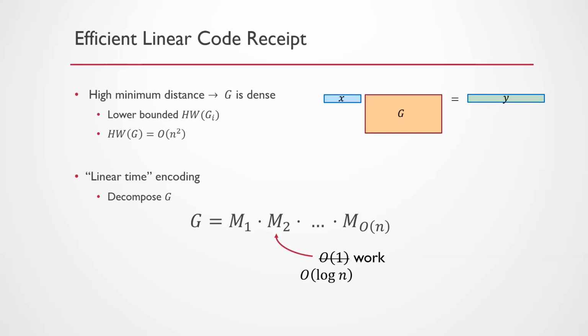Constant work ends up being pretty hard to achieve. While you can do it in theory, in our codes we actually relax this a little bit and allow each one of these update steps to take log n time. And so overall, we won't get a linear time encoding. We'll get n log n, but really what we're optimizing here is the concrete running time. So this is fine by me.